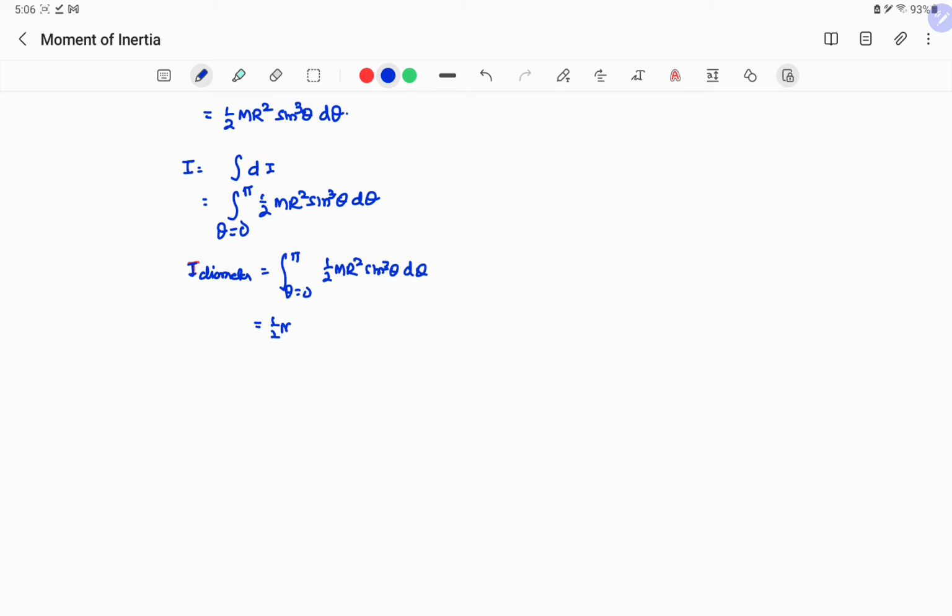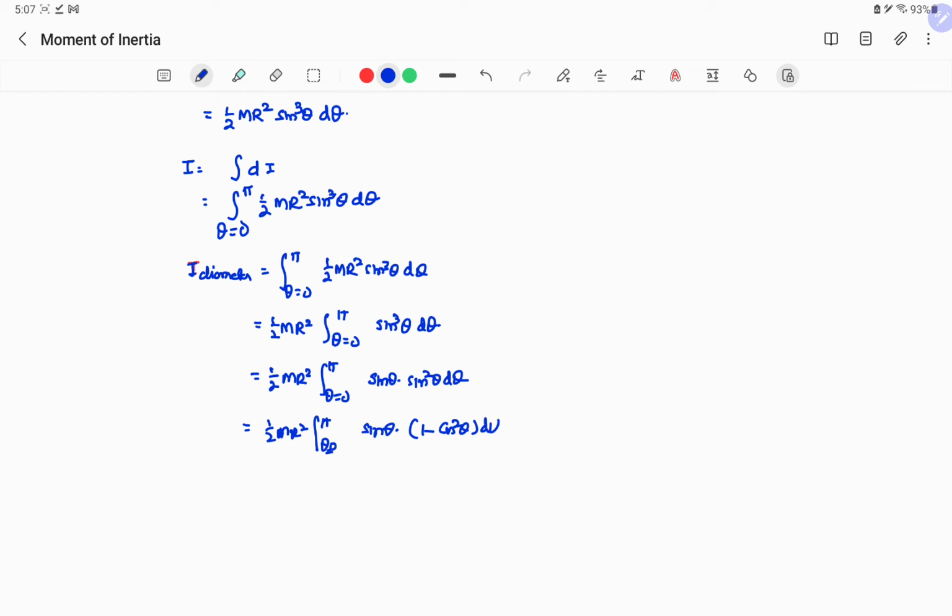1 by 2 m r square is a constant term, so it is taken out of the integral and remaining is integral theta equal to 0 to pi sine cube theta d theta. To integrate it, first we will make some adjustments. We can write sine cube theta as sine theta into sine square theta d theta, and it is equal to sine theta into 1 minus cos square theta d theta.